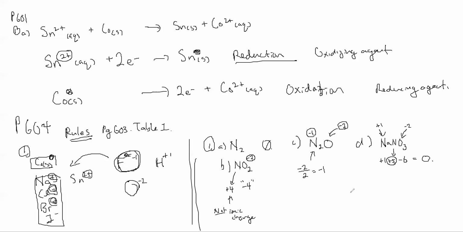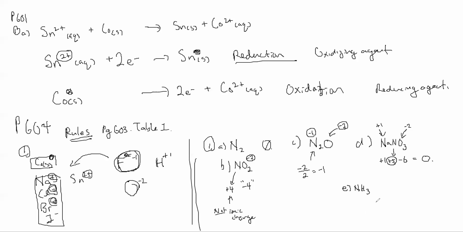Okay, part E, NH3. So hydrogen is now popping in. If you take a look at table 1, it does say that hydrogen is always +1 in its covalent compounds. The only exception is metal hydrides, in which hydrogen is going to be a -1.